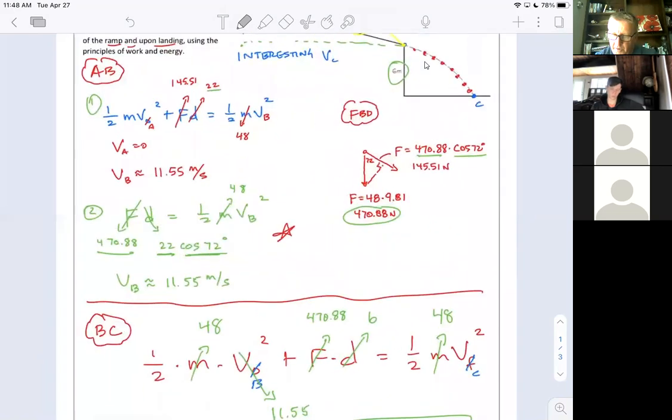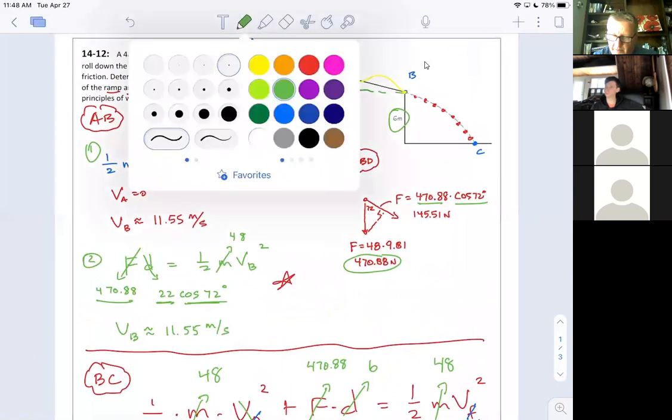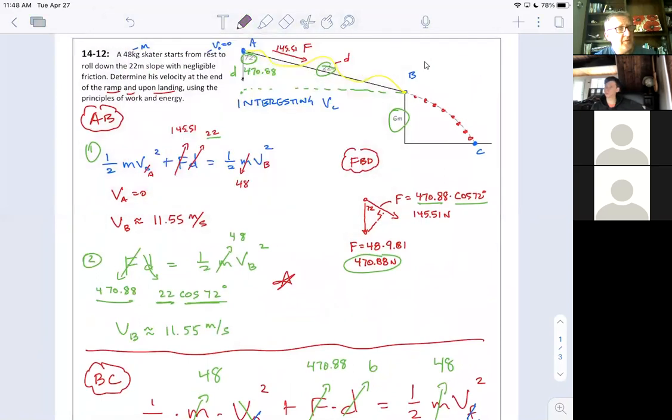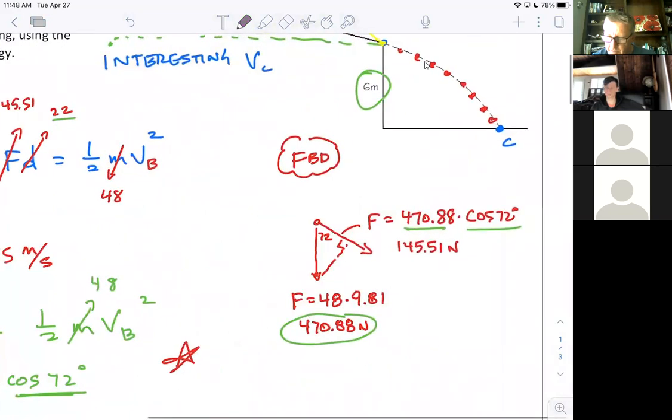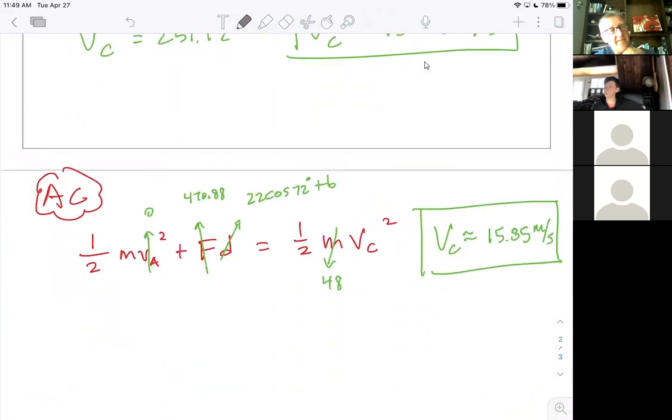I will elaborate on this though by saying, when you did land down here, based on our position and velocity equations, does it make sense that you could have figured out your vertical velocity and your horizontal velocity, and then you would have had to use the Pythagorean theorem once you found those 2 things? Then you would have come up with 15.85 again.